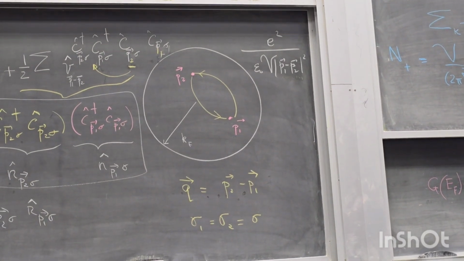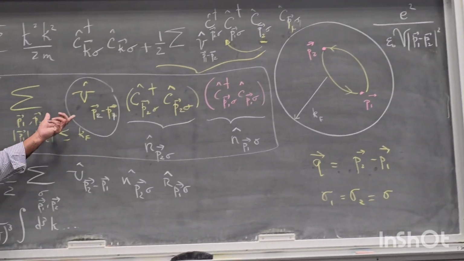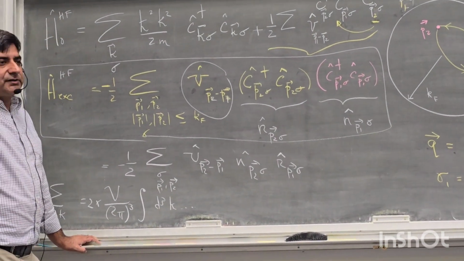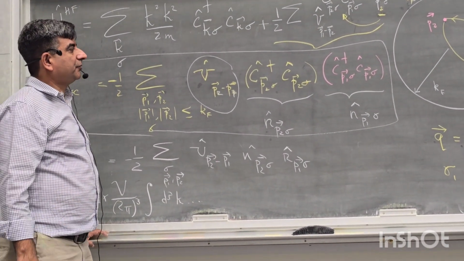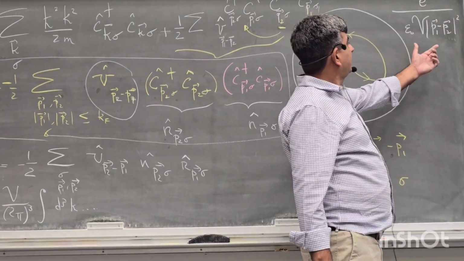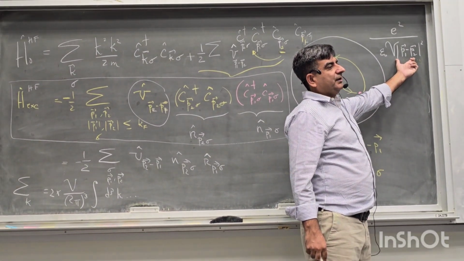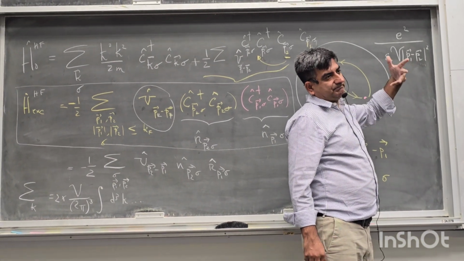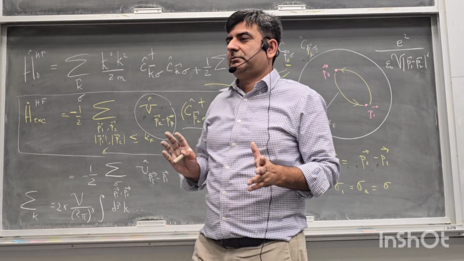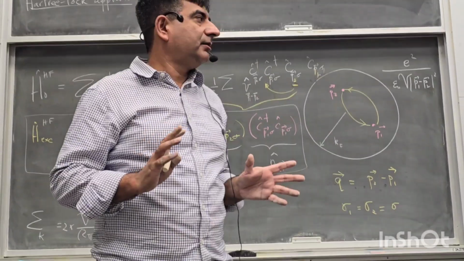Now it depends upon P1 and P2, so it's inside the summation sign. If you have a large system, what you could do is an approximation in which this P1 minus P2 is replaced by a constant wave vector, some Q.